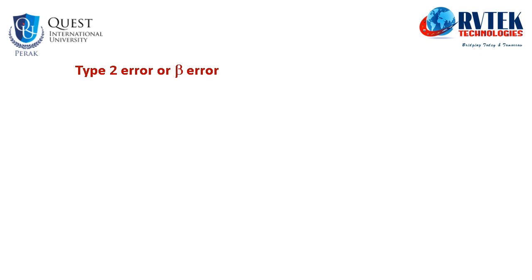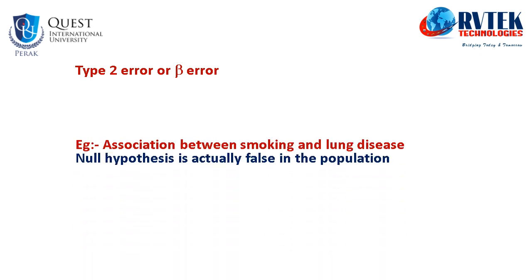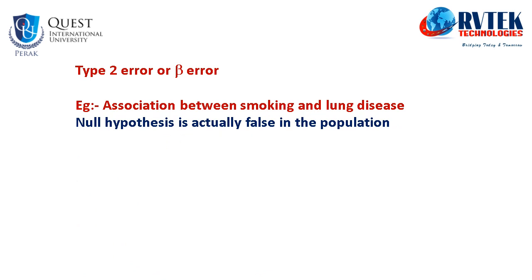I will give an example where the null hypothesis can be actually false. Association between smoking and lung disease. What is the null hypothesis in this? There is no association between smoking and lung disease, right? But that null hypothesis is actually false in the population.